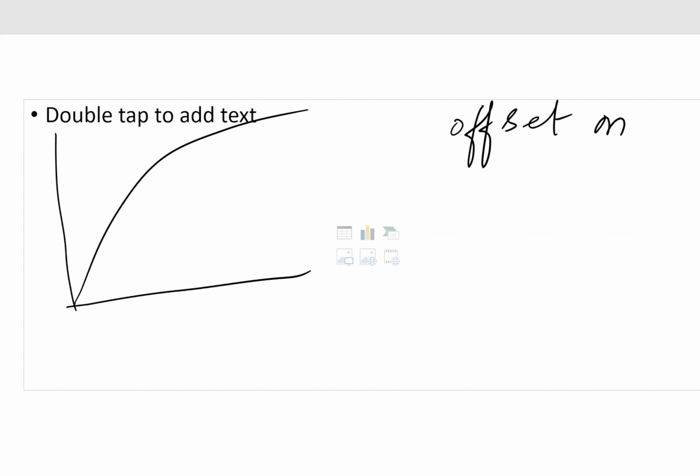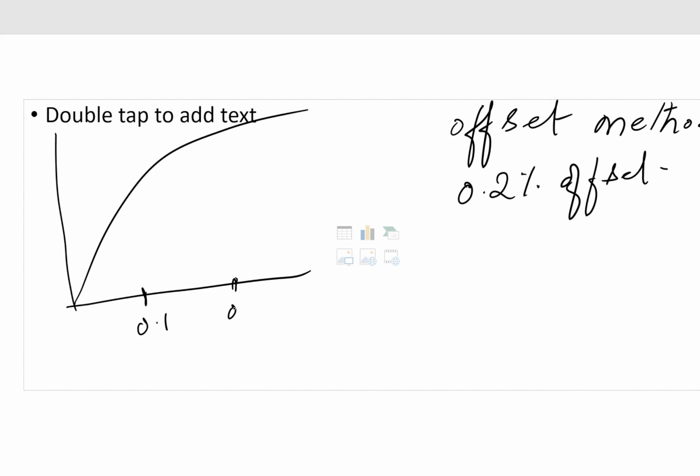Offset method. In this method, what actually do we do? We do 0.2% offset. Let us say, if I have 0.1 here, 0.2, 0.3 like this. This is your strain, is it not? This is your stress. So 0.2% offset means what?